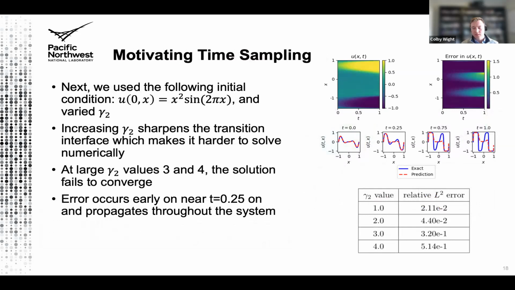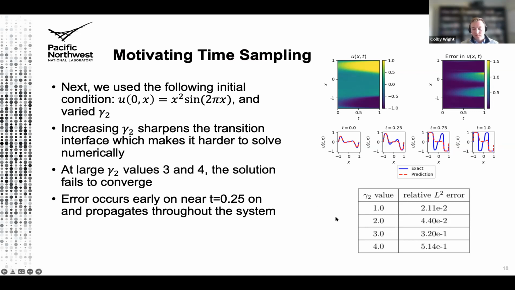We then took these approaches and tried to solve the Allen-Cahn equation, still in 1D, but with more difficult initial conditions. We also looked at varying this gamma 2 parameter, which has to do with how sharp the transition interfaces are in the problem. We found that with smaller gamma 2 parameters, we were able to solve the problem with this initial condition.